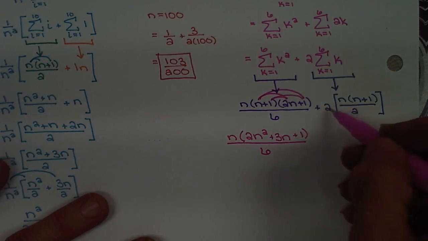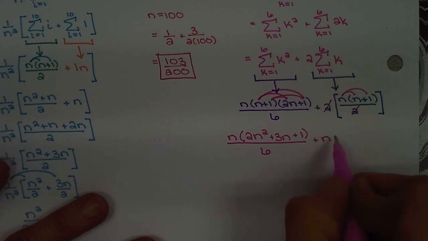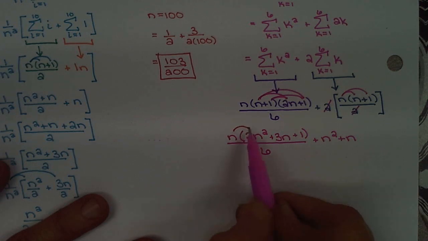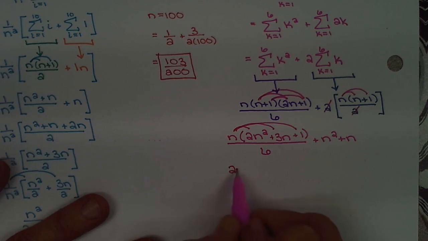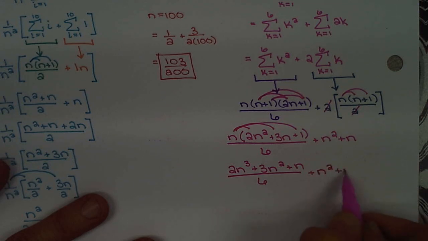Over here, I have a 2 on the top and a 2 on the bottom. I can cancel those 2's, and I can distribute that n to make n squared plus n. Then I'm going to distribute this n. So it becomes 2n cubed plus 3n squared plus n all over 6 plus n squared plus n.